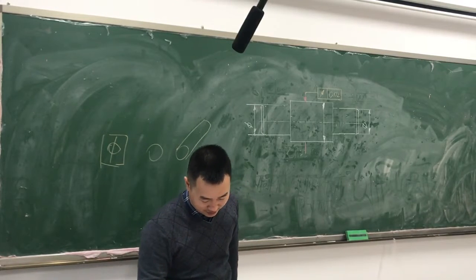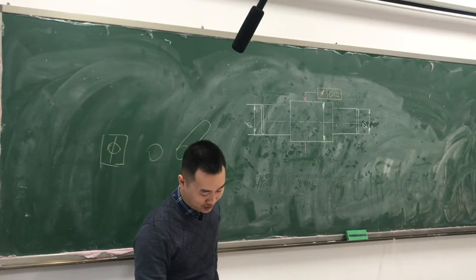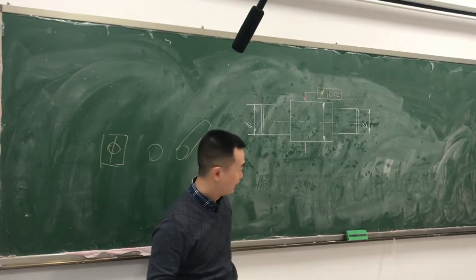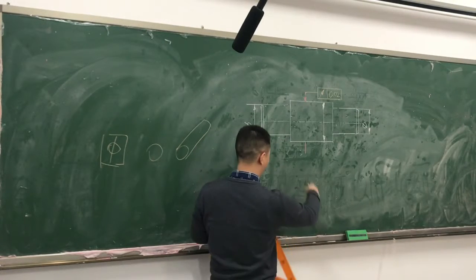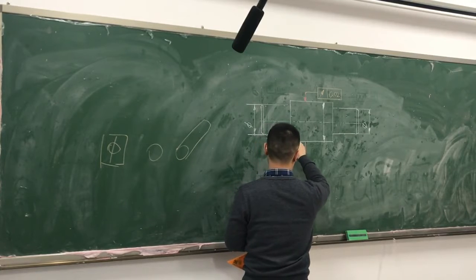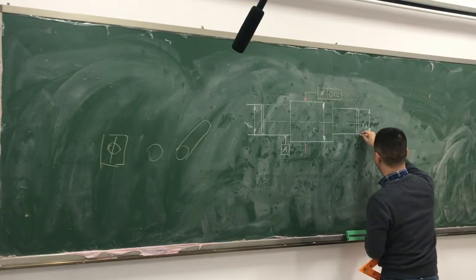Let's see the datum A. As we can see from the picture, datum A originally is here. We put a datum here. This is datum A originally, right? And datum B we write down here.